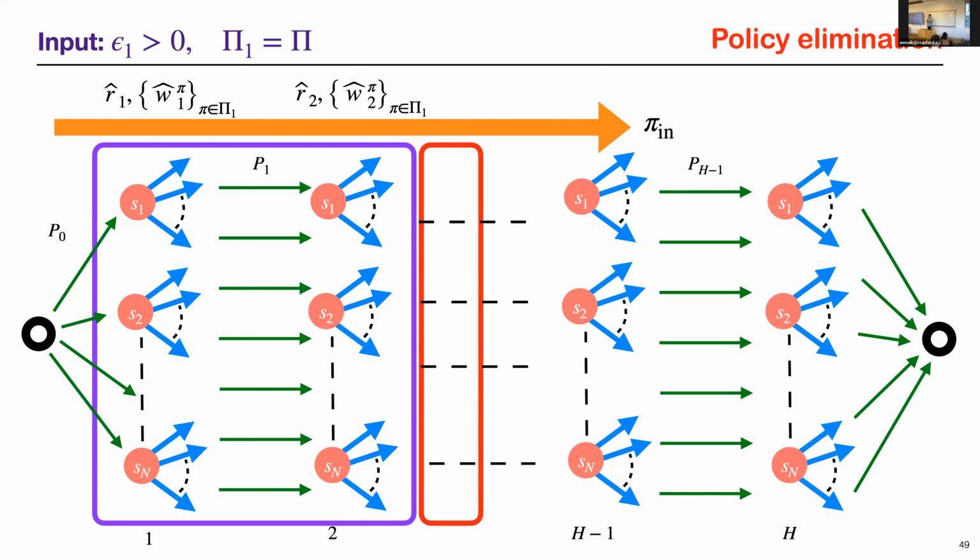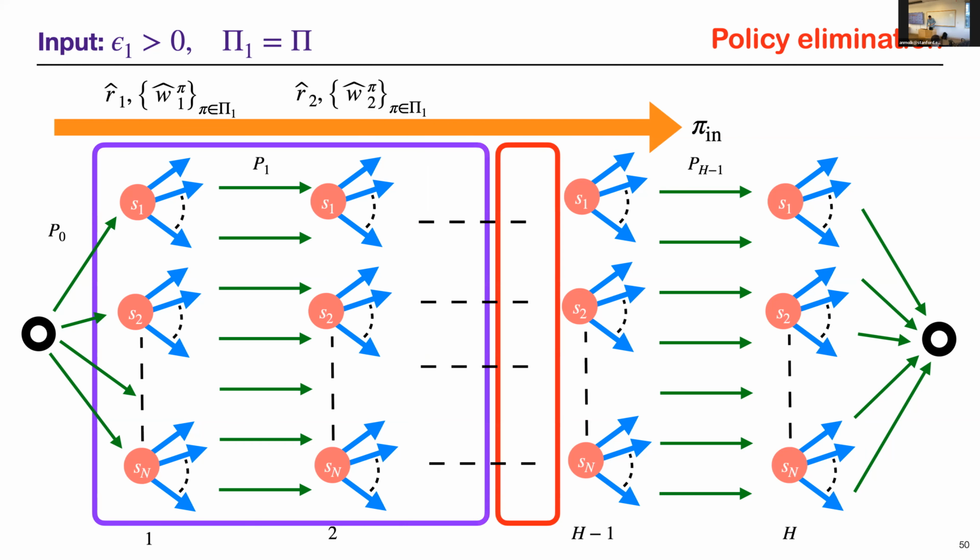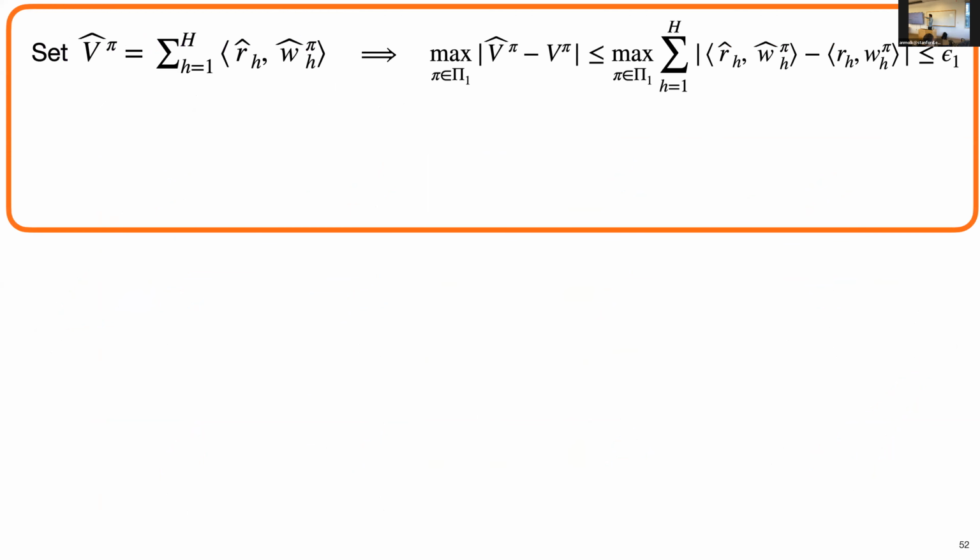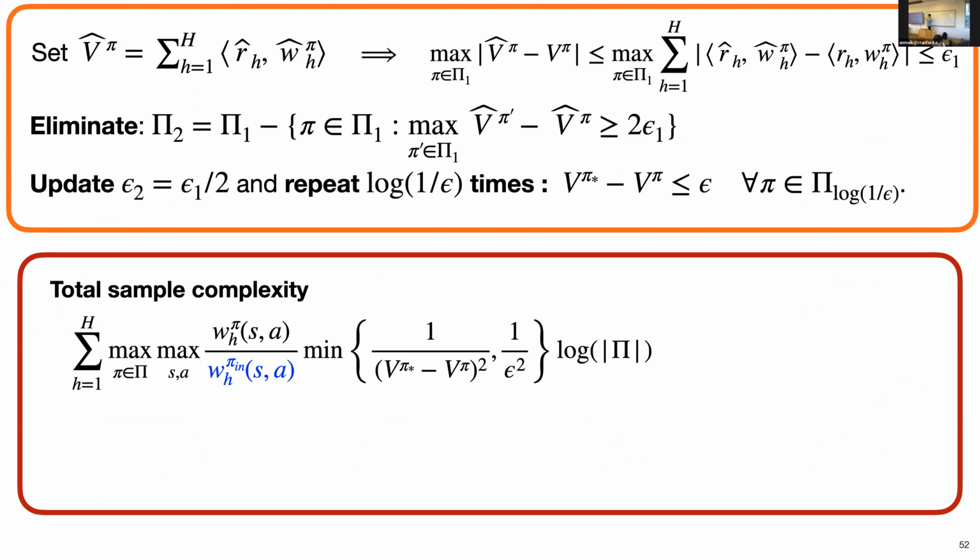But it does seem like, at least intuitively, the policy elimination style algorithm, where you decrement epsilon, you do this first forward pass with a very coarse epsilon 1, and then after you finish that first pass and remove policies, you repeat with a smaller epsilon. This incremental approach seems better than the MOCHA algorithm, which bets everything on solving every state.